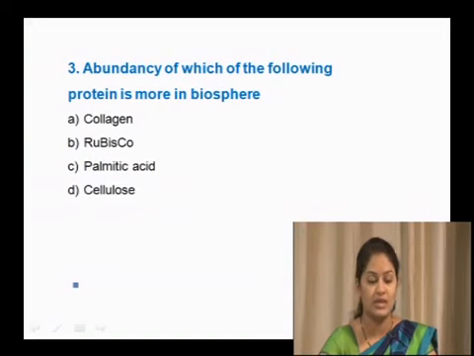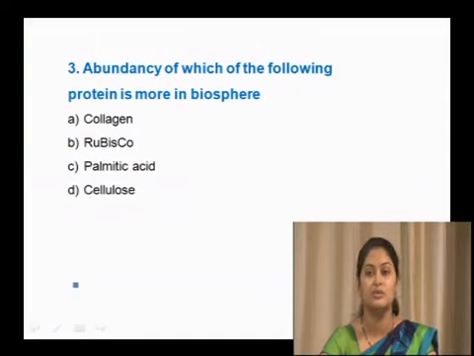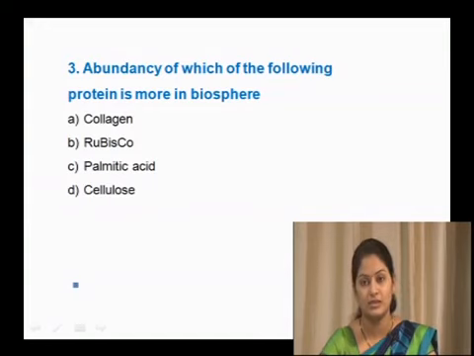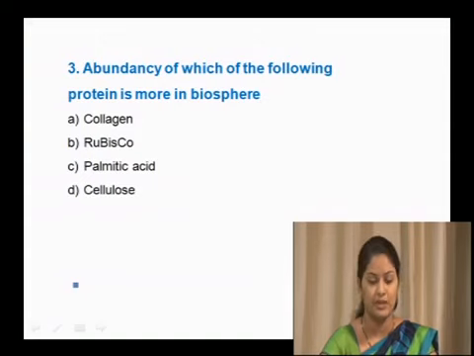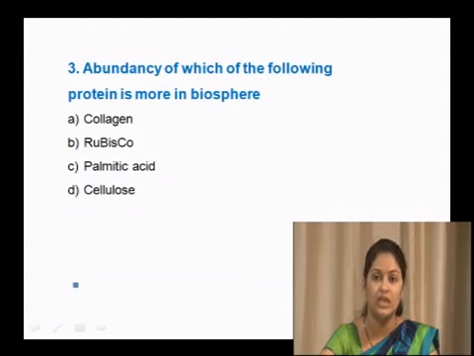So Rubisco is an enzyme, therefore a protein, which helps in the fixation of carbon dioxide during the process of photosynthesis. So this is the protein which has large abundance in biosphere compared to all other proteins. Option A, collagen, though it is a protein, it is the most abundant protein found only in animal world.